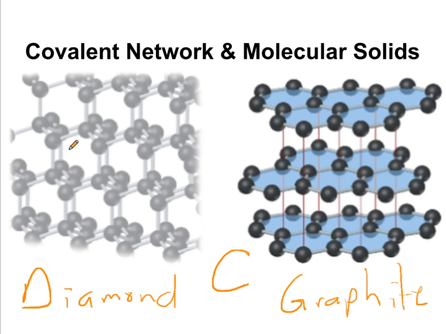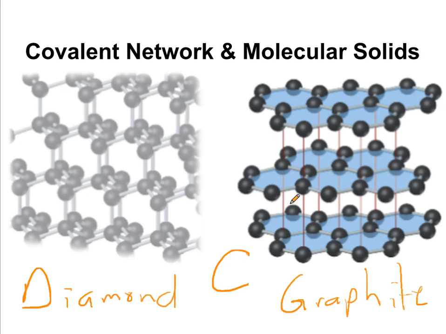In a diamond, it's a 3D framework with each carbon atom being covalently bonded to four other carbon atoms in a very strong repeating pattern. In graphite, the carbon atoms are arranged in sheets. So we've got three separate sheets of carbon atoms shown here, and these layers or sheets are not held together by covalent bonds, but they're held together by van der Waals forces, intermolecular forces.